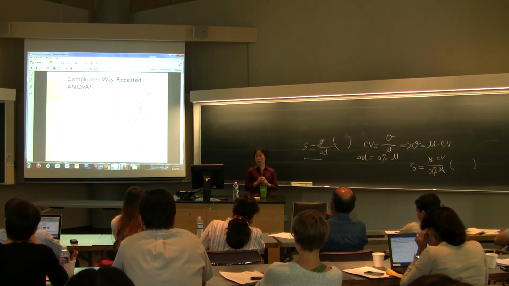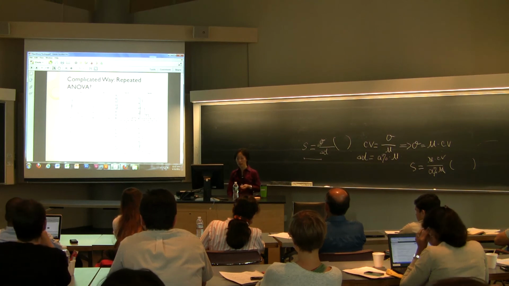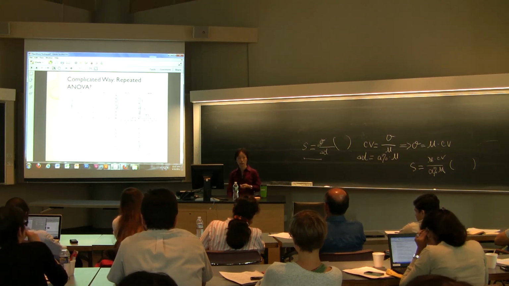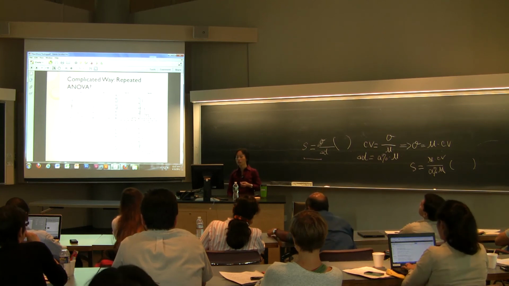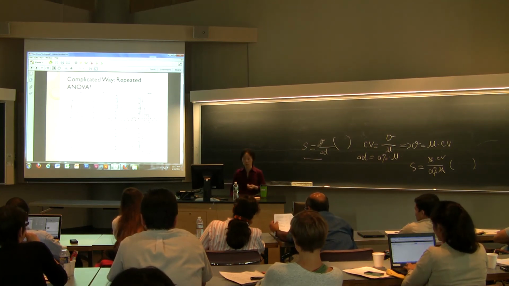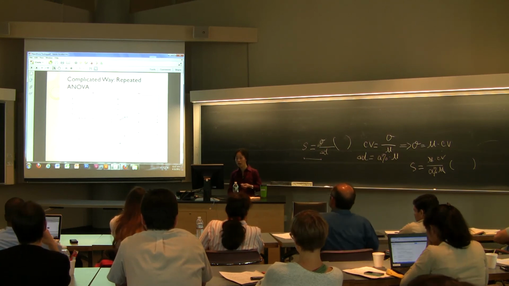Now, how about we try a complicated method like repeated ANOVA? Here are the raw data plots. You see it's quite skewed to the left, and doesn't look like a normal distribution. If we do log transformation, it's more like a normal distribution, and then we can use repeated ANOVA.